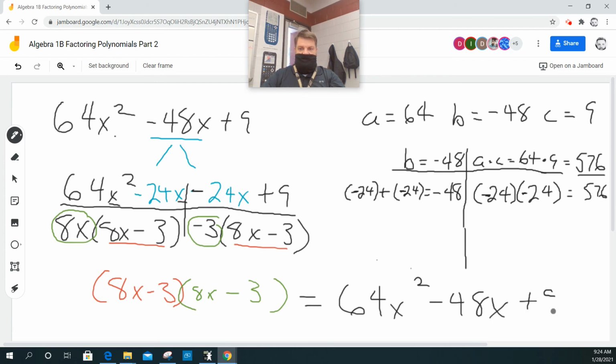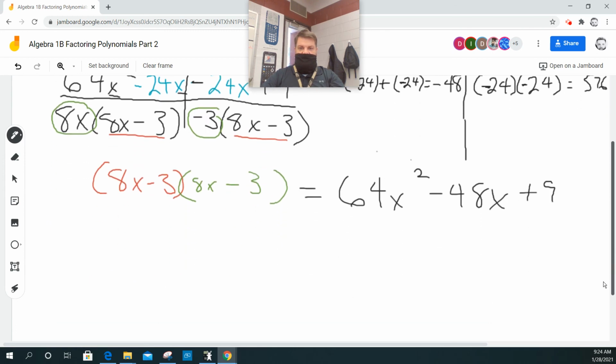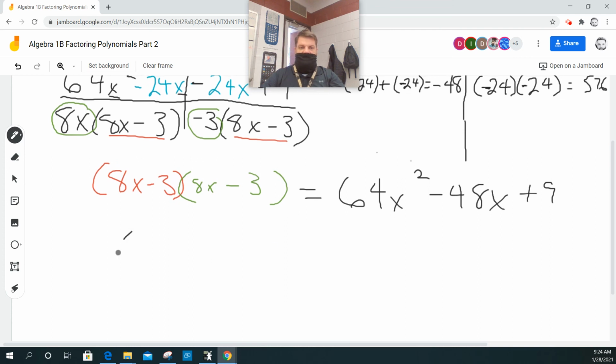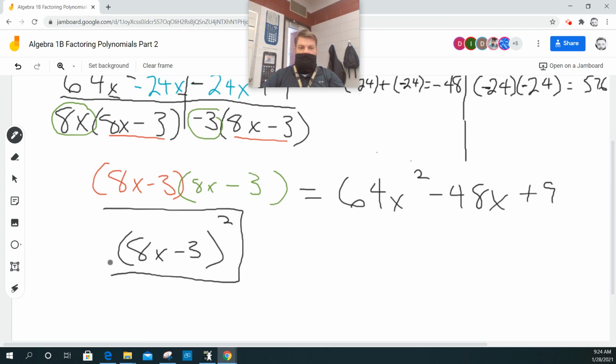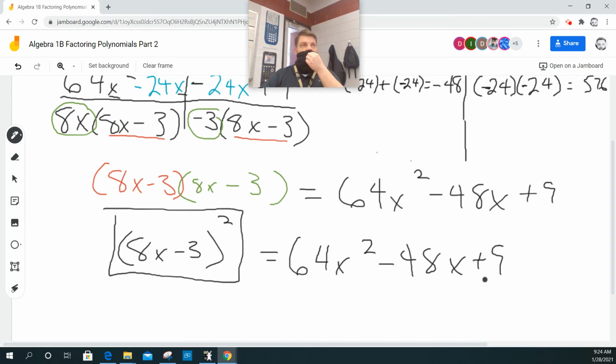Plus 9. But in reality, this is the same as 8x minus 3. So they're squared, right? Which is the same as this. Does that make sense?